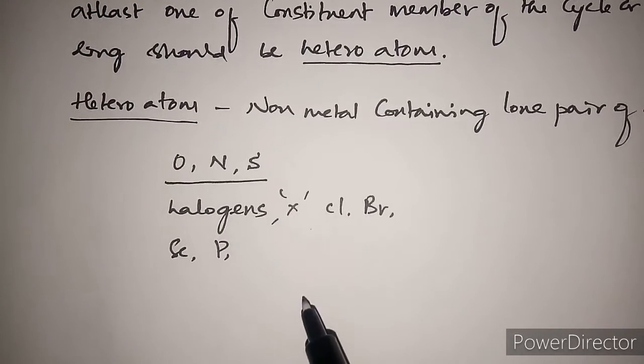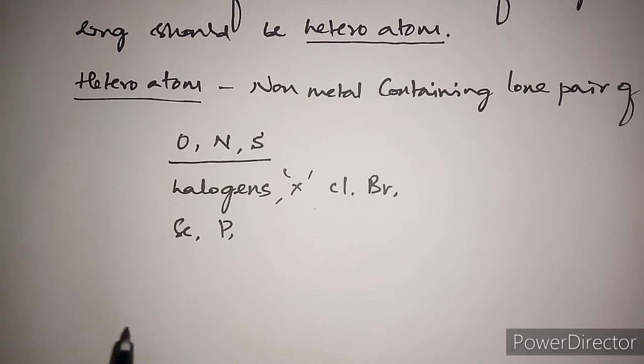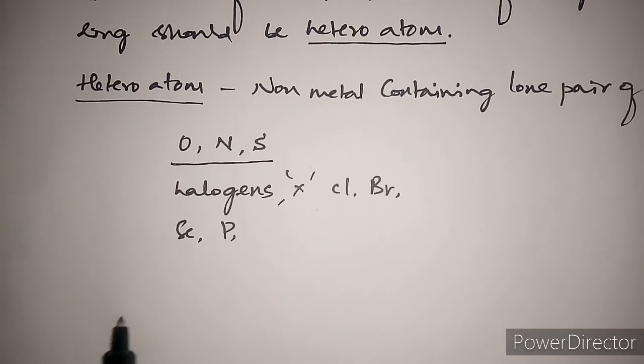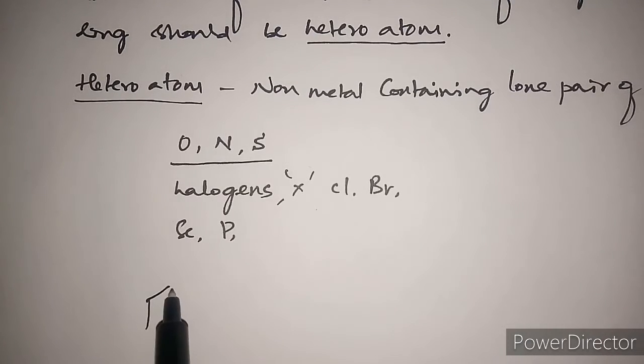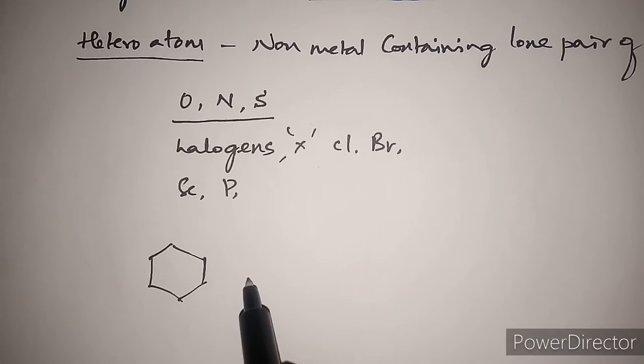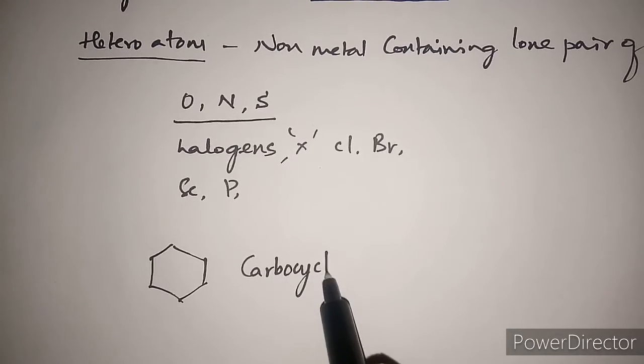According to the definition, these are cyclic compounds in which at least one of the carbon atoms is replaced with a heteroatom. An example of this: we have benzene. This is a cyclic compound containing only carbon, and we call it a carbocyclic compound.